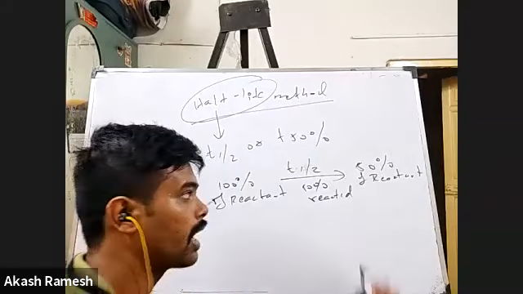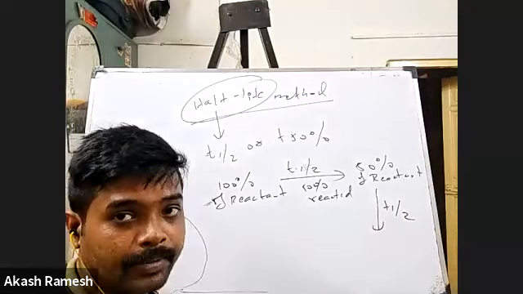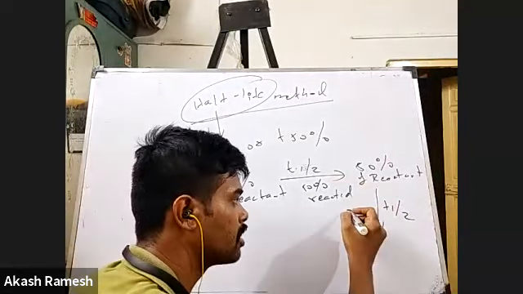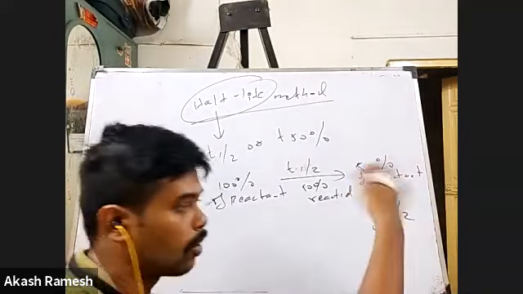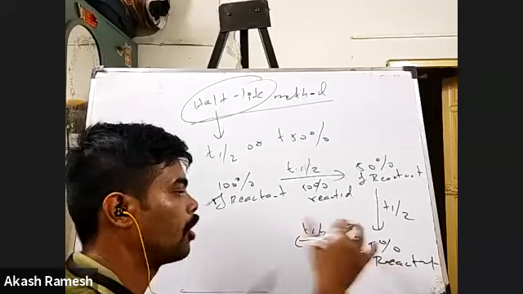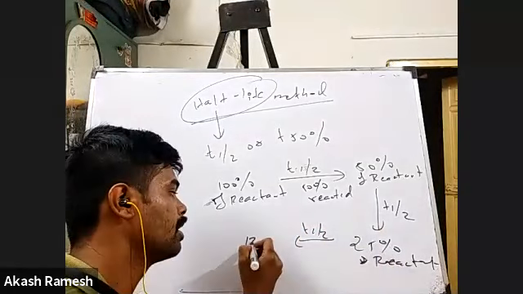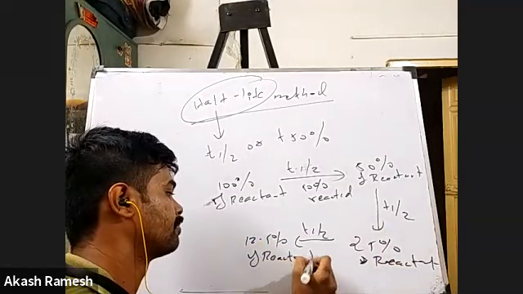Now again I go for one more t half. Another 50% will get over, but 50% of what? 50% of this 50%. So only 25% of the reactant is remaining. Same way, another t half, and now 12.5% remains.